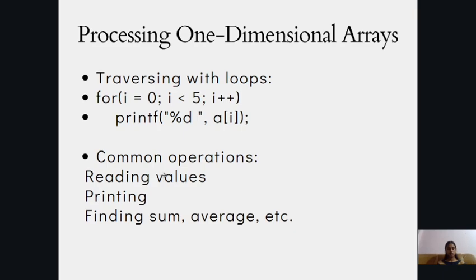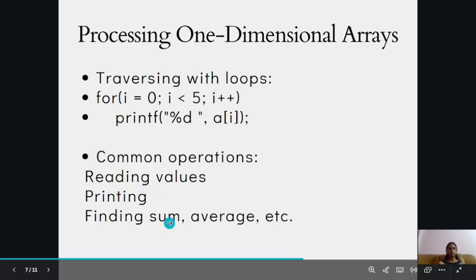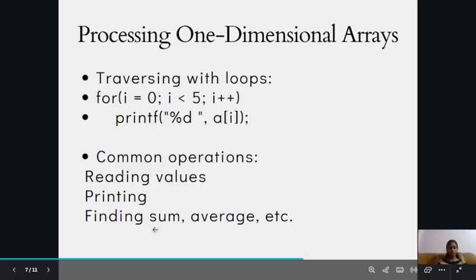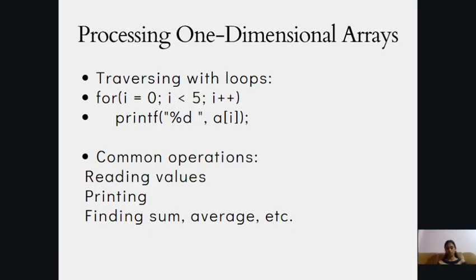Common operations are the tasks typically performed on arrays, including reading values, printing, finding sum, average, etc. Reading values is storing data into the array. Printing is displaying the content of the array. Finding the sum is performing calculations on the array elements.